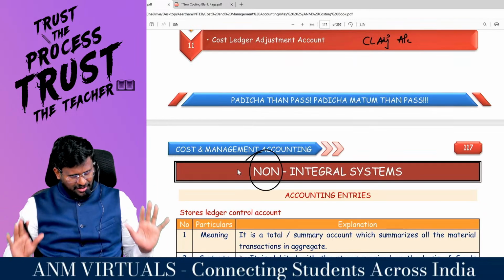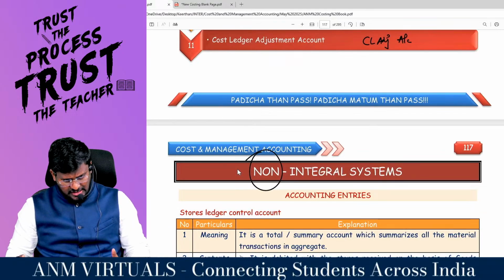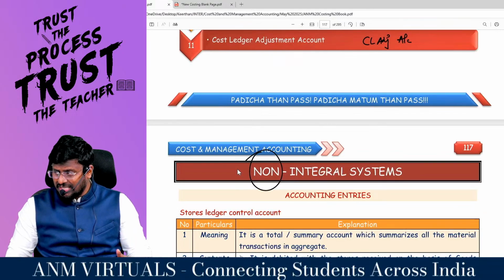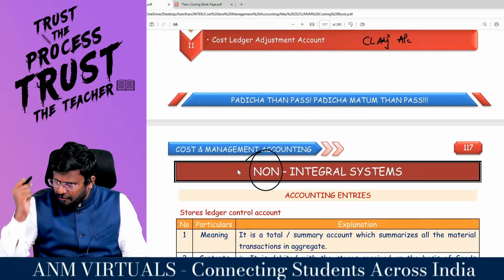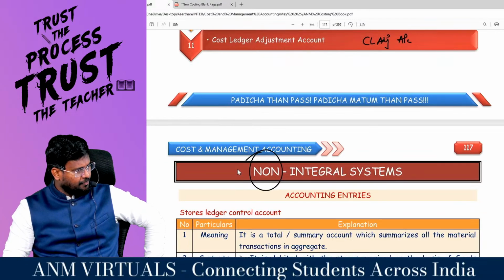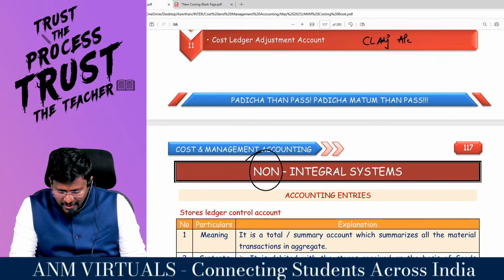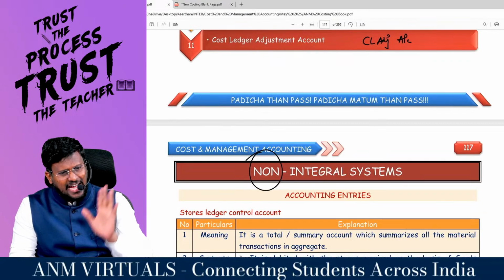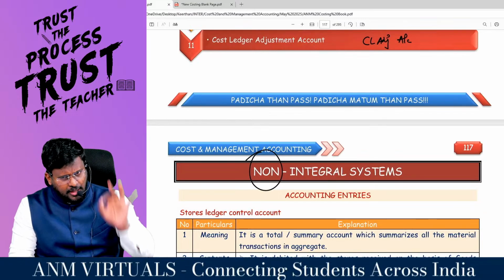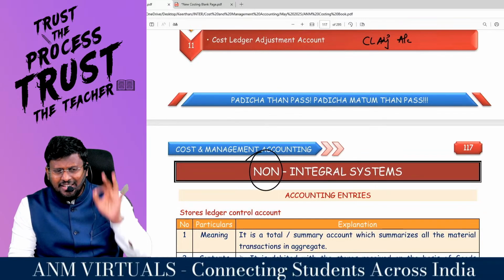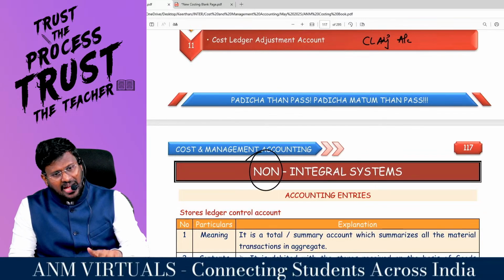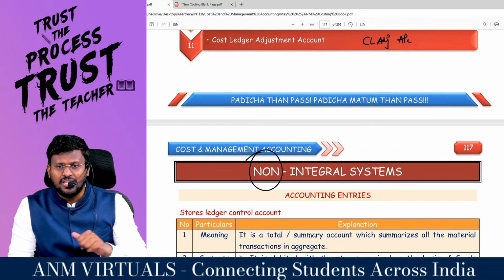That means costing is different, financial accounting is different. I will not mix costing and financial accounting. That means I will not credit cash, I will not credit bank, I will not credit creditors. Debit and credit will be costing aspect.